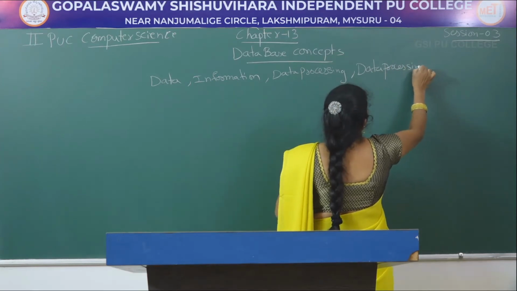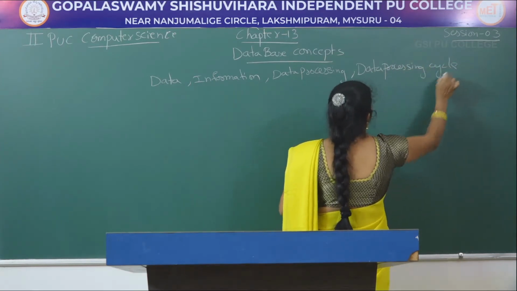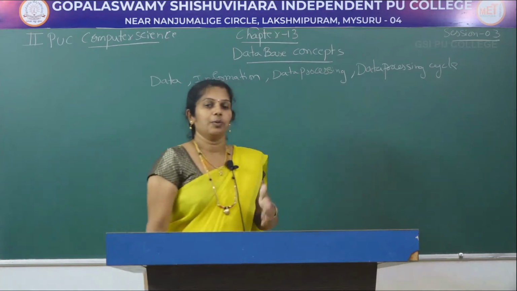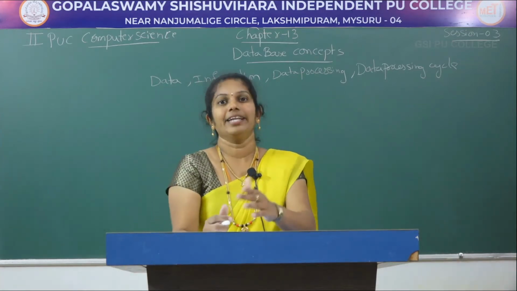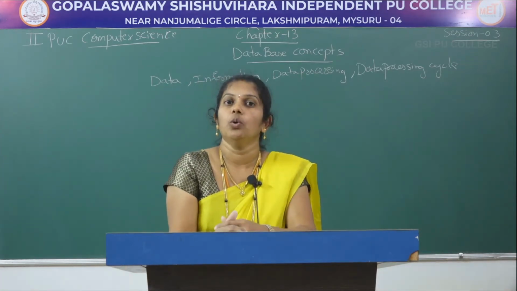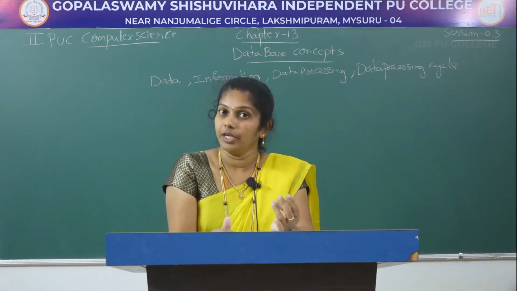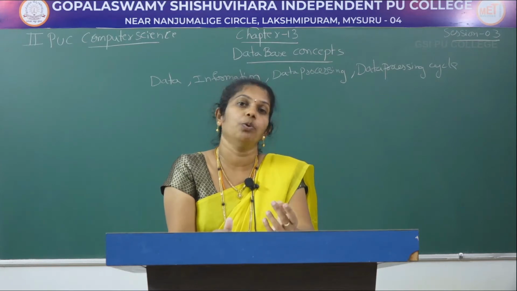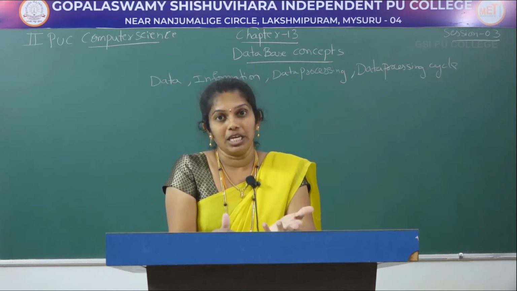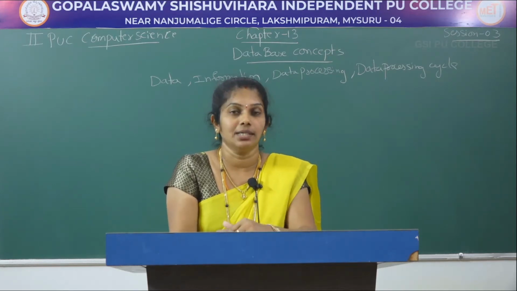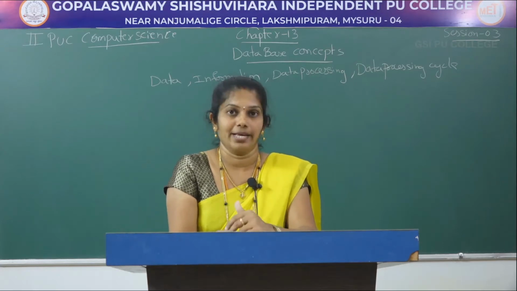Data processing cycle. If I want to process any data to get information, I have to follow some stages: collection, data input, processing, output, storage, communication. These are the stages under the data processing cycle.